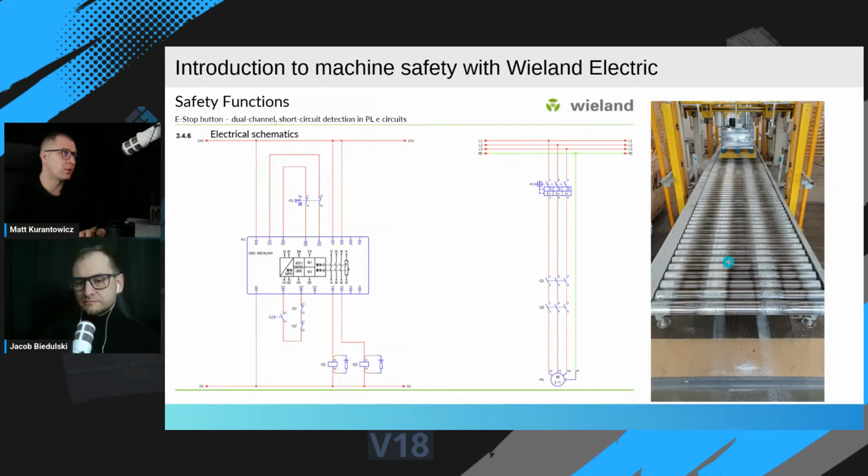This is a model for safety with our partner from industry, which is Wieland Electric, and we show you how to use a stop electrical schematic, and here we have a safety relay for that.